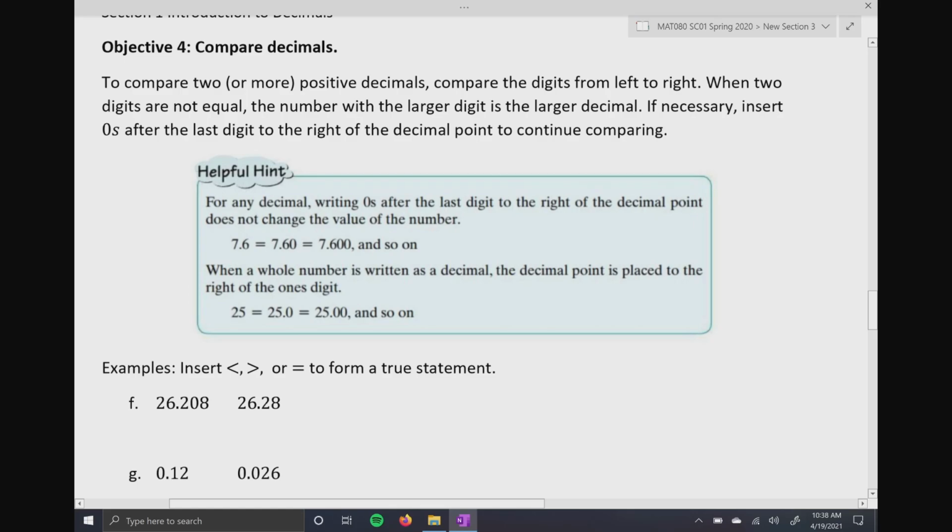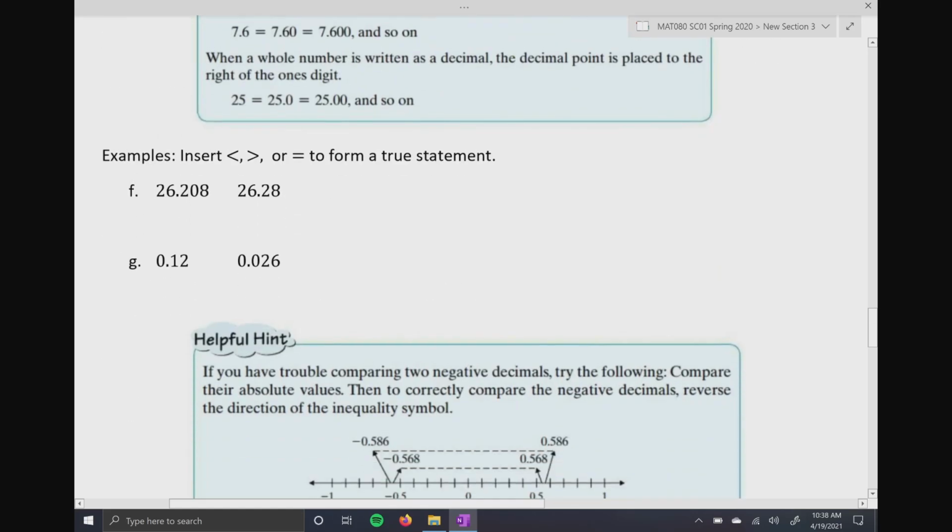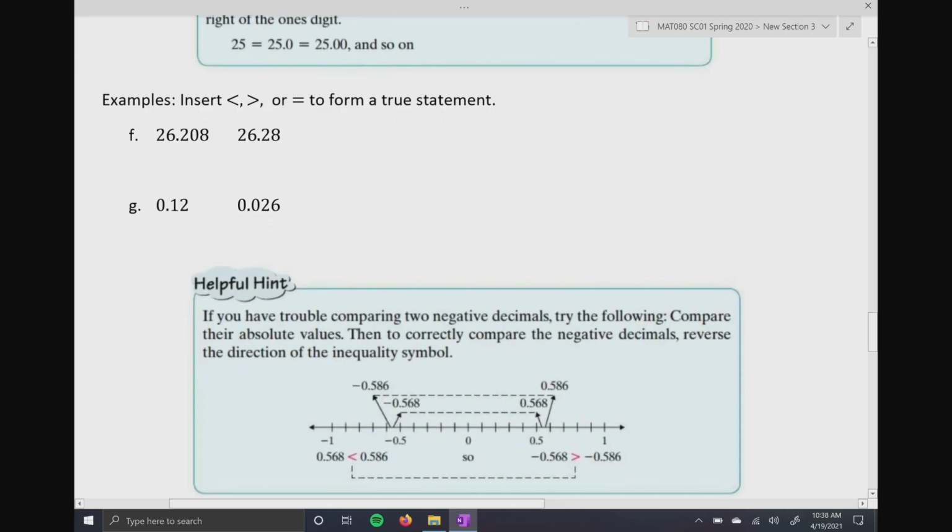So let's go ahead. Let's just look at this. So for examples F and G, we want to insert the less than, greater than, or equal symbol to form a true statement. So here's how we do this. You start on the far left of the number, and I'm going to go ahead and just draw little arrows. And I compare 2 and 2, they're the same. Now I move to the right. 6 and 6, they're the same. So I move to the right.